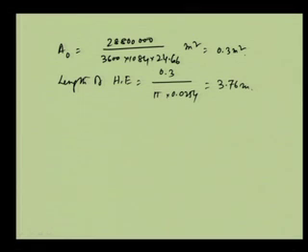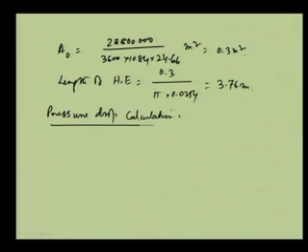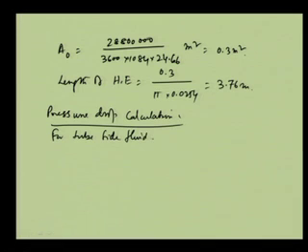Now, to go for the pressure drop calculations. Pressure drop calculation for tube side fluid: we will make use of the relationship that F is equal to 0.0014 plus 0.125 by Re to the power 0.32.